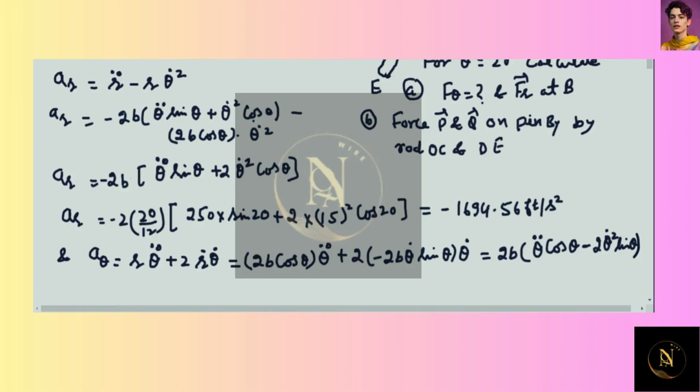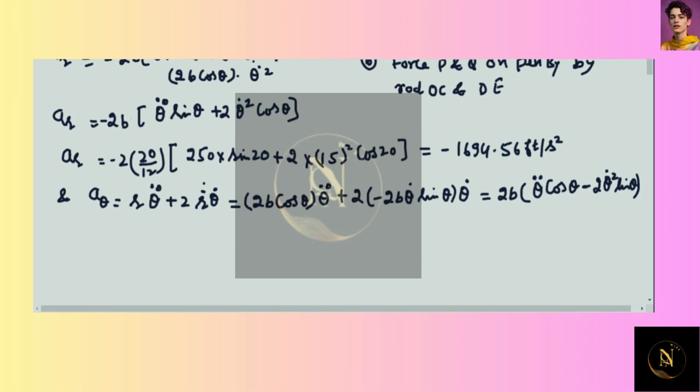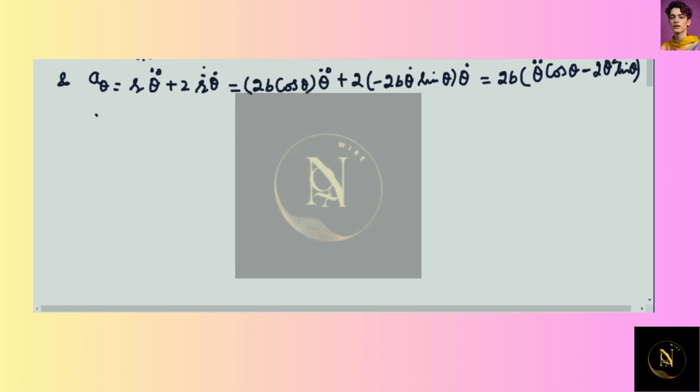Substituting the value you will get transverse acceleration 2 into 20 by 12, angular acceleration having the value 250 radian per second square cos of 20, 2 into 15 angular velocity square, so 15 square sine of 20.